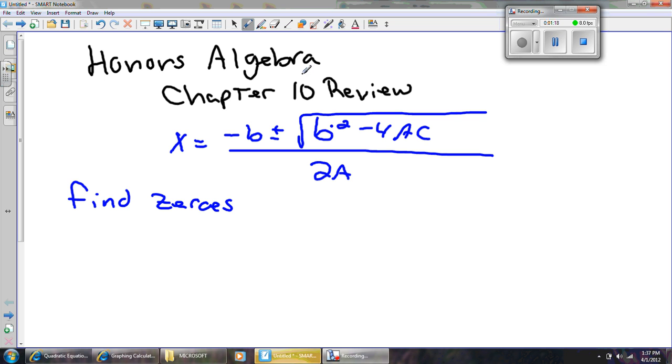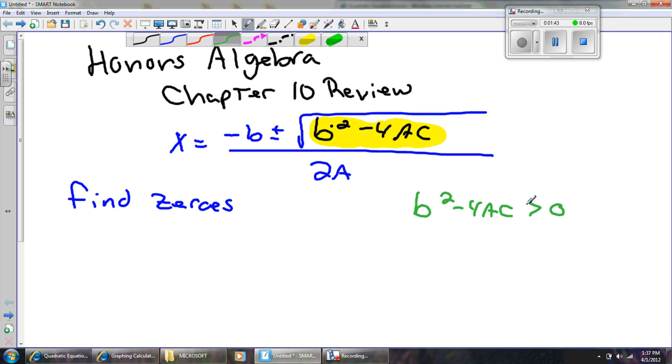quadratic. Okay, now remember this part right here is called the discriminant. That part tells us how many zeros. Remember that if b squared minus 4ac is greater than 0, there's two solutions, or two zeros, or two roots.